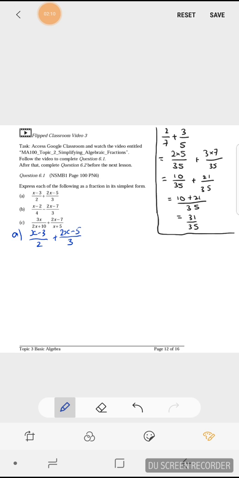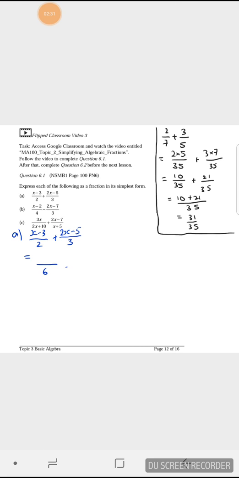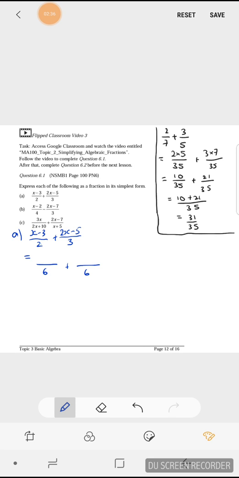Now, similarly for this question, you must first make these two algebraic terms have the same denominator. So what's the denominator that you want to choose? Yes, it is the LCM of 2 and 3, which is 6. So the denominator must be 6, right? So 6 and 6. So what must I do?